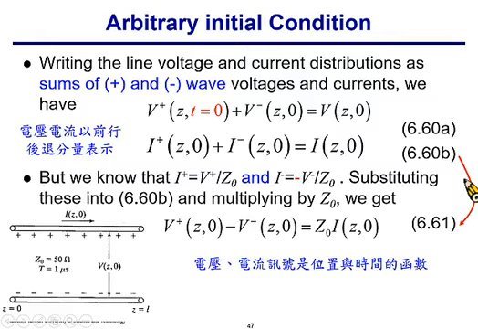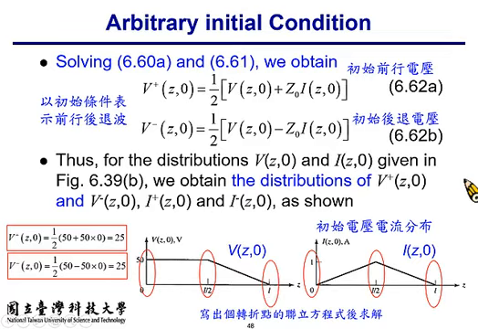That's the reason why I say that you have only two unknowns, V plus and V minus, for the two equations. The total voltage then can be written in terms of the two equations as V plus equals 1/2 of (voltage plus Z sub 0 times I). Similarly, you can express the V minus signal using this equation.